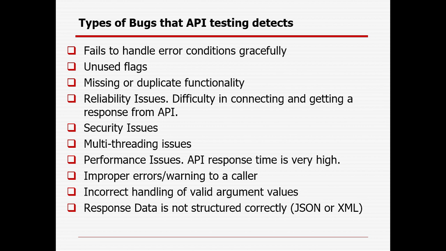What types of bugs can API testing detect? With normal UI testing we can find out if anything is not working, with any kind of variation of the data we can pass.